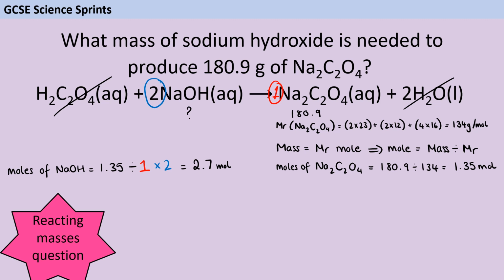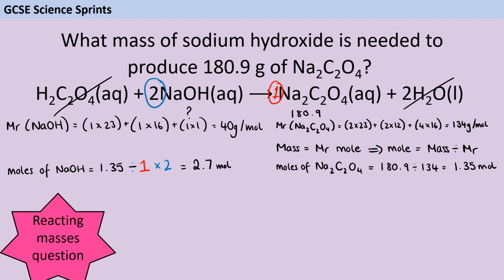Now, in order to work out the mass of sodium hydroxide, I need the Mr of sodium hydroxide. So again, I'm going to find that by adding up the masses of the 3 different atoms that are in that compound. And remember here, the relative formula mass is always for 1 mole. It's defined as being for 1 mole. So don't fall into the trap of, I often see people here trying to work it out for 2 sodium hydroxide.